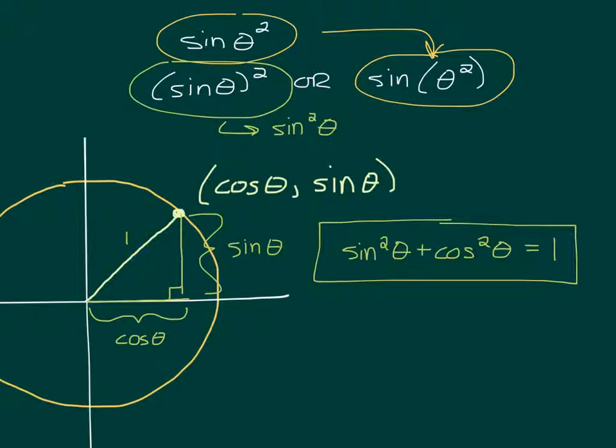We can also say here sine squared theta is 1 minus cosine squared theta, or cosine squared theta is 1 minus sine squared theta. That's just from taking this equation and either subtracting sine squared from both sides or cosine squared from both sides.